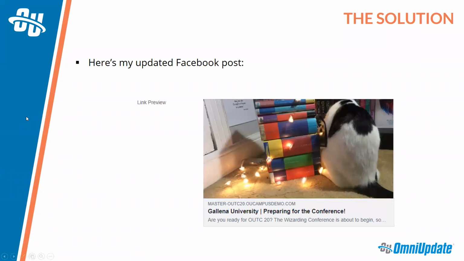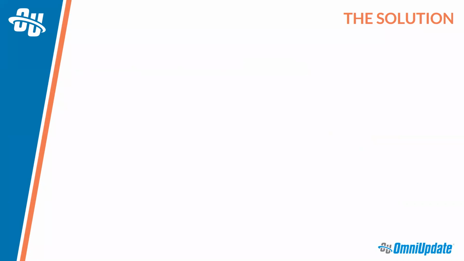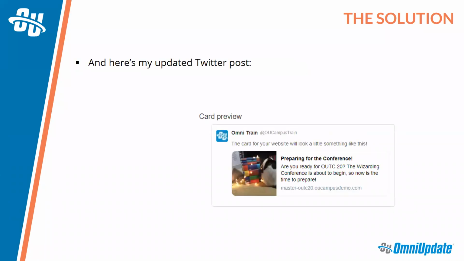So here's my updated Facebook post. Now you can see I have my primary image, and it's nicely summarized underneath. It just is a much better presentation of what I want. Of course, I could have picked a better image and had a better description, and that's why you guys are the experts on that.